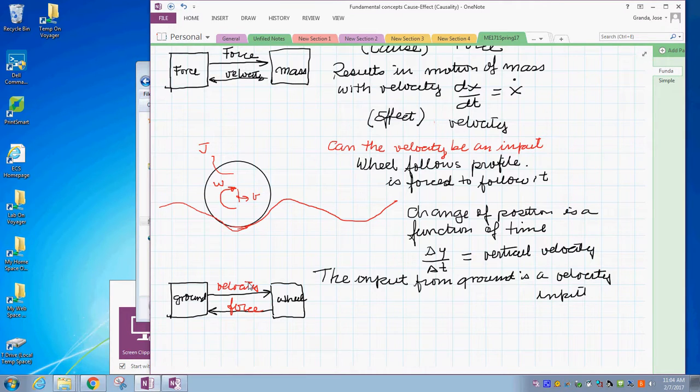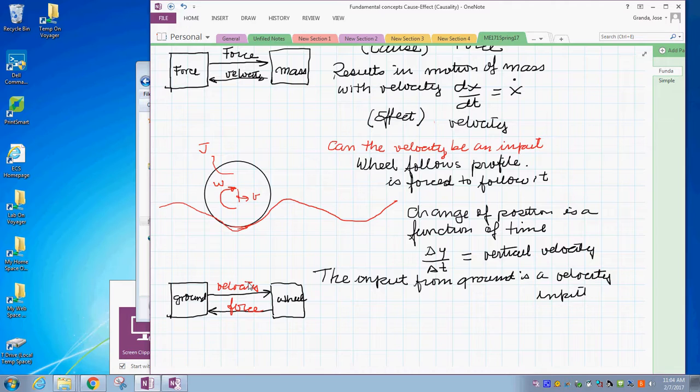And you will say, yeah, I fall into a hole or depression on the road like this, and I feel a force. Well, yes, but the point here is that the input to the system, in this case you and the wheel on the ground, is a velocity input, and the consequence or the effect of that is the force.